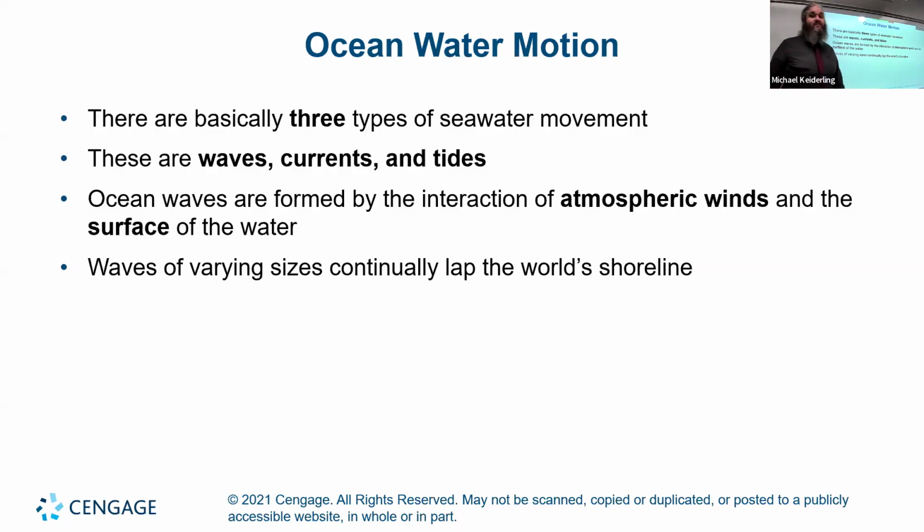Waves of various sizes continue to lap the world's shoreline. Currents are large-scale flows of water throughout the ocean. And tides are driven by gravity from the moon, the differential gravity of the Earth and the moon.